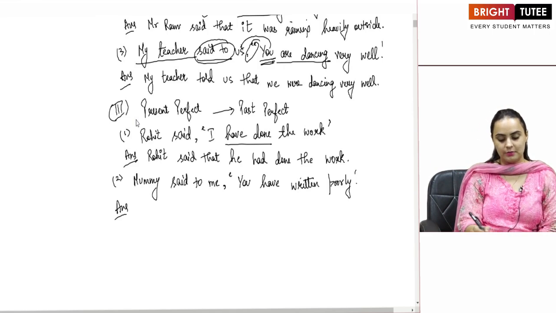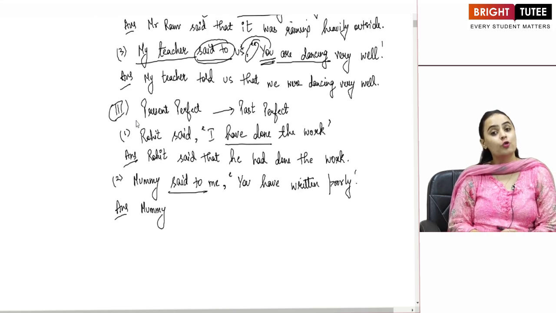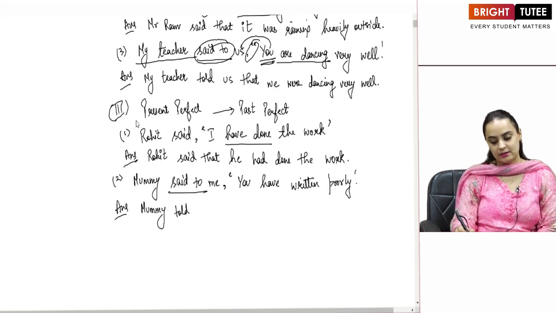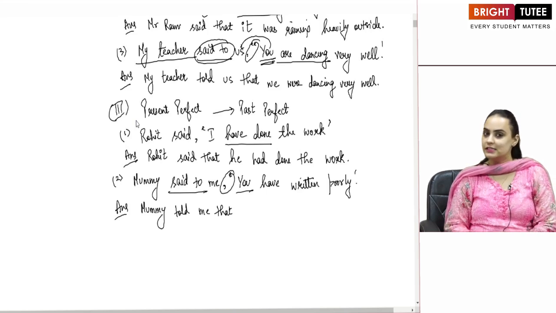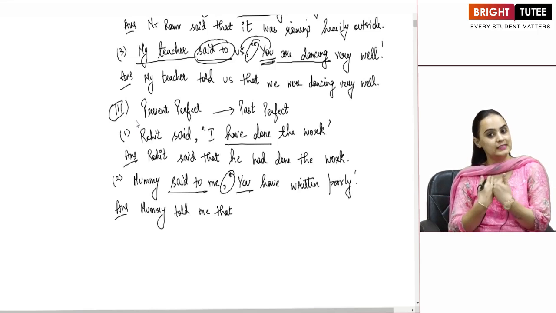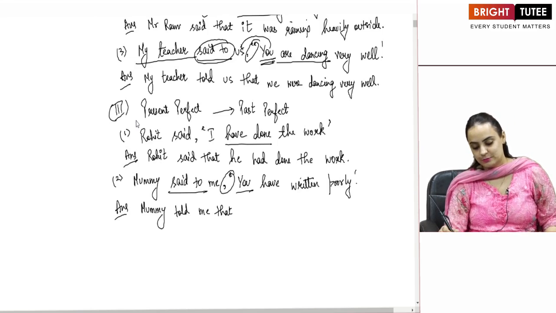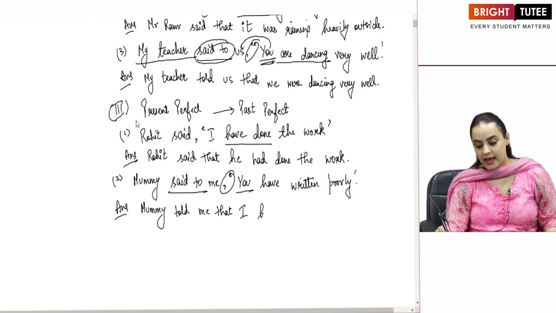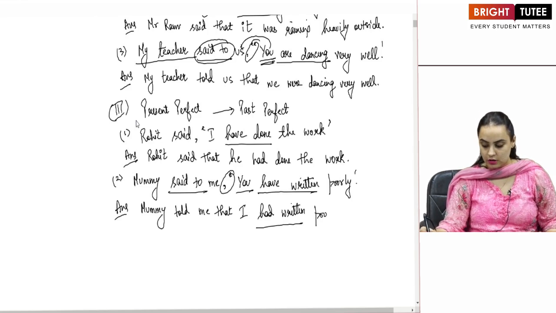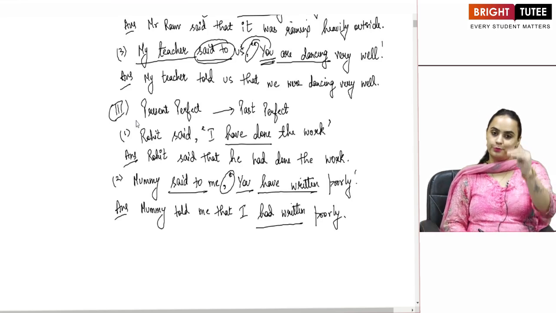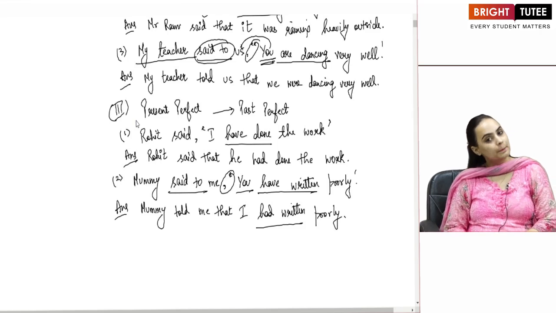So, my speaker remains the same. Mummy told me, since we have a listener, so told me that. Who is this you whom Mama is telling that the handwriting is bad? This you is me. So, told me that I had written. Have written changes to had written poorly. So, present perfect changes to past perfect.